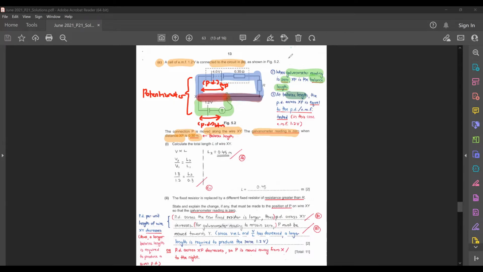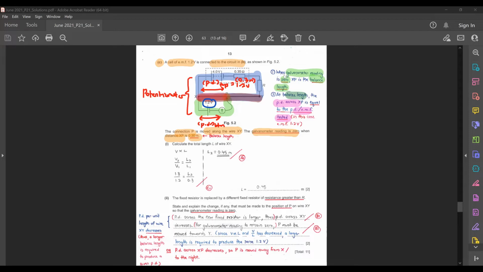All right, so here we can say that the PD across XP is going to be equal to the EMF being tested here. So if the EMF that we're testing is 1.2 volts, the PD at the top would also be 1.2 volts. Okay, this one will be for a length of 0.3 meter.